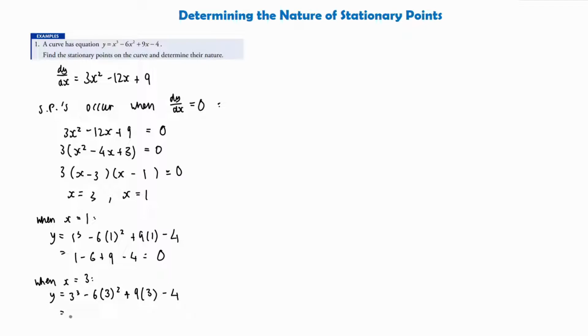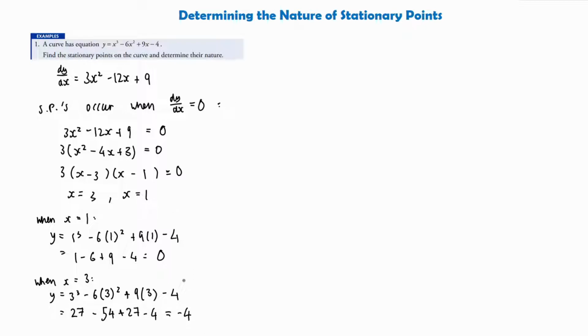When we do this, 3 cubed is 27, 6 times 3 squared is going to be 54, and then 9 times 3 is 27, and then minus 4. The 27s added together, subtract the 54, so it's just going to be minus 4.